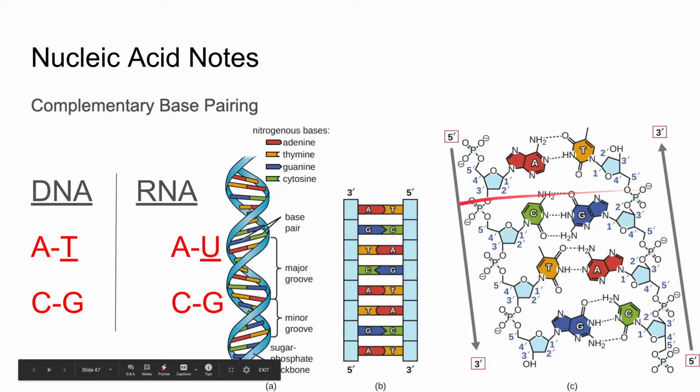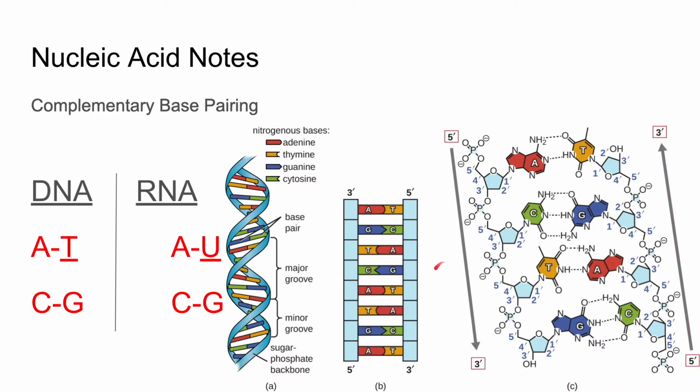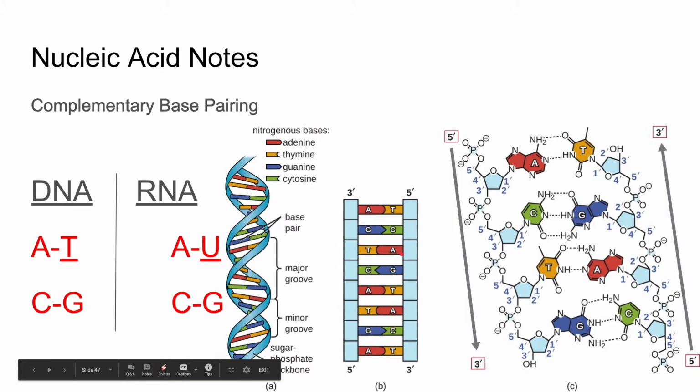But this is what it looks like chemically. We're going to focus more on these types of structures over here, just because this is a little bit more complex than we're going to dive into. But what you have here is that you end up running the opposite sequence depending on which strand you're looking at.